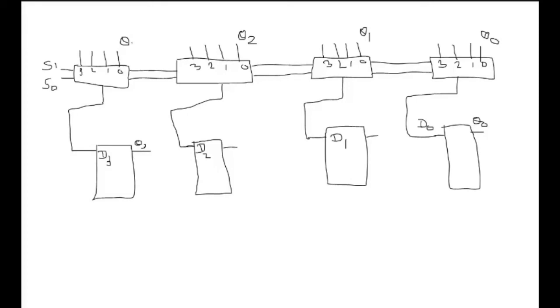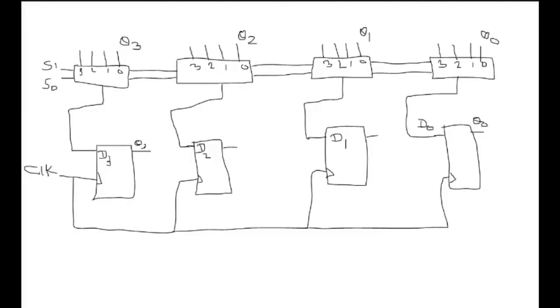So when S0 and S1 is 0 0, whatever is present at Q3 will be connected to D3, a simple data transfer operation. It will retain the same as long as you are applying the clock. We will have a single common clock for all the flip-flops, a positive edge triggered clock.